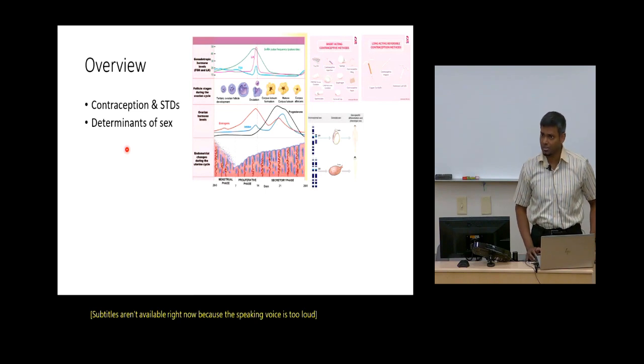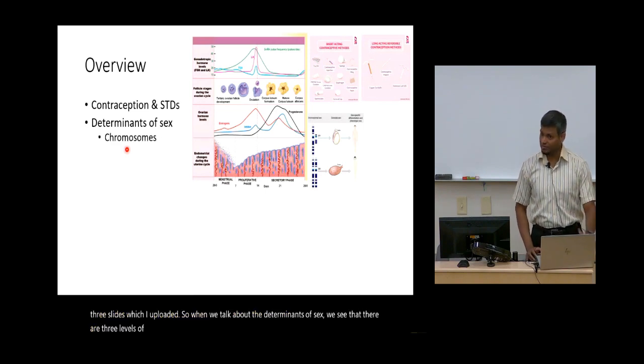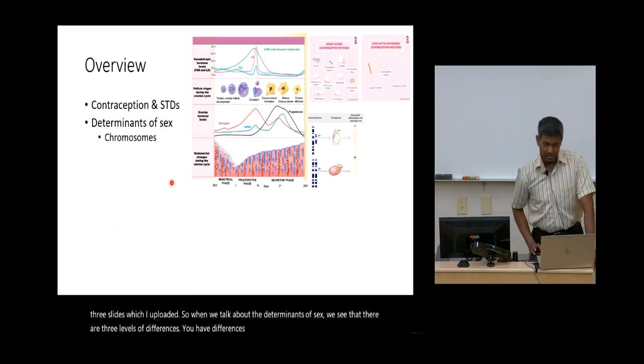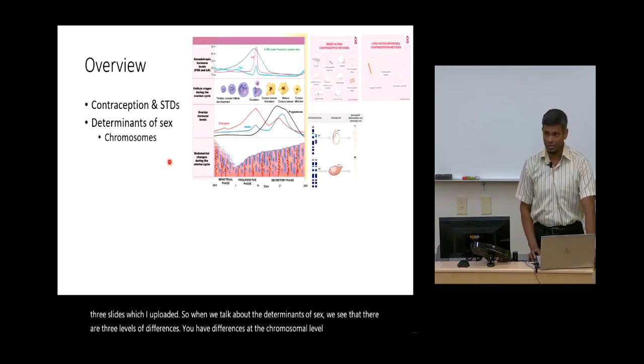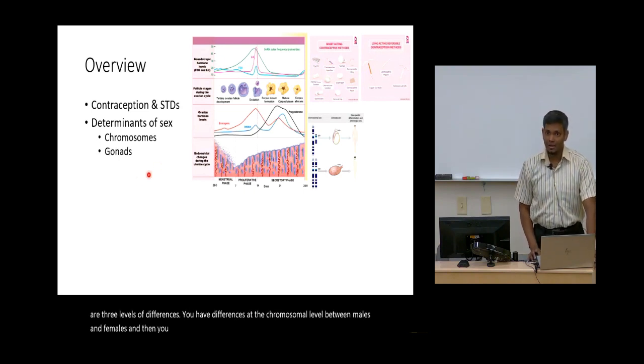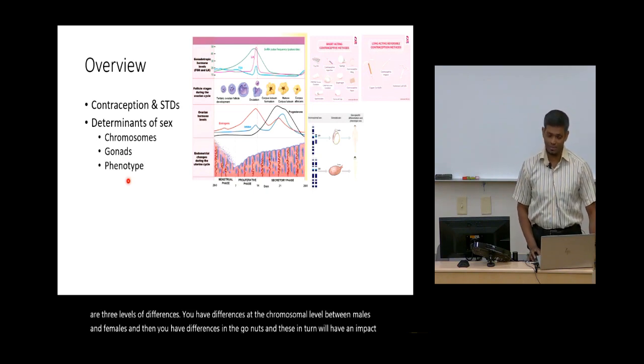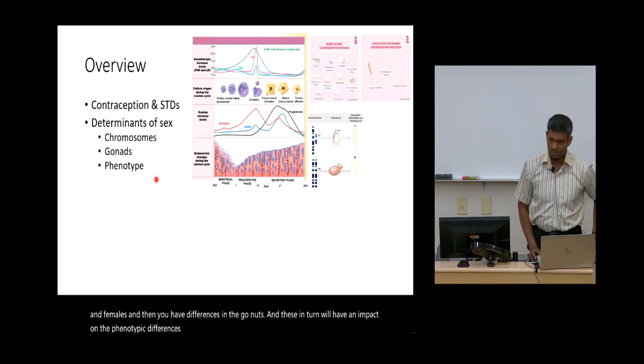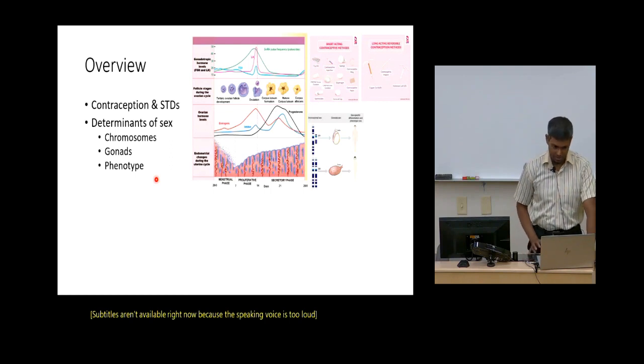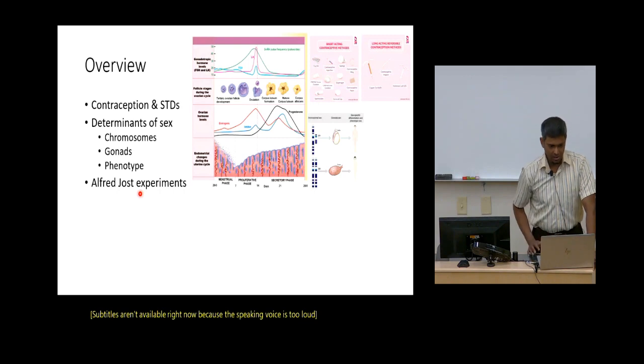So when we talk about the determinants of sex, we see that there are 3 levels of differences. You have differences at the chromosomal level between males and females, and then you have differences in the gonads, and these in turn will have an impact on the phenotypic differences seen between males and females. So this is something we'll talk about, and then I'd like to introduce you to some experiments done by this scientist called Alfred Jost.